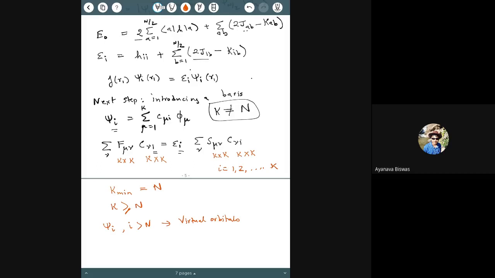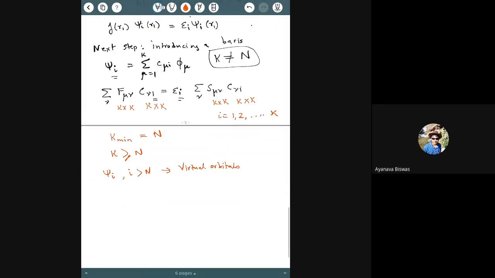And the physical significance is that the energies of these orbitals are the electron affinities of the system. And for post-Hartree-Fock methods, they also help us in improving our psi naught and introducing electron correlation, which we will also discuss later on.